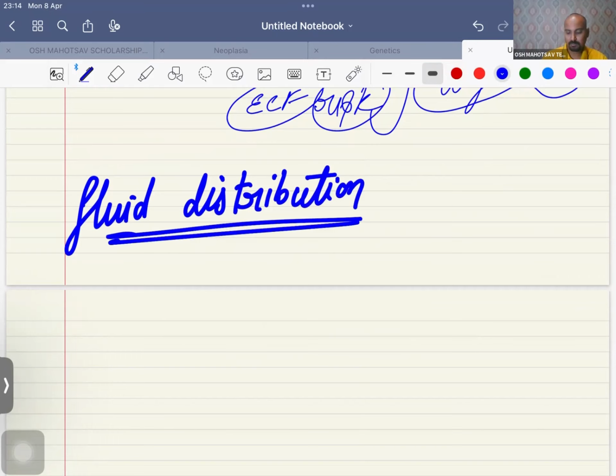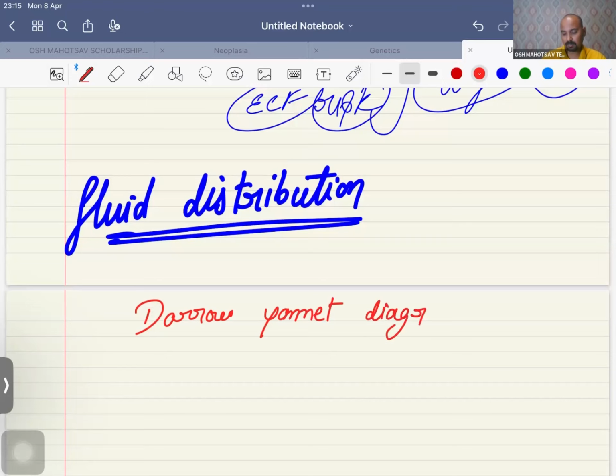Okay. For fluid distribution, we have a diagram, or a Darrow-Yannet diagram.